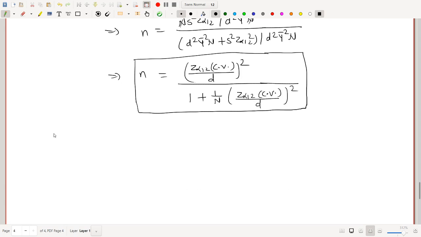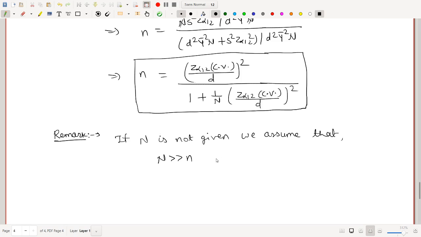Remark: if capital N is not given, capital N meaning the population size, which is usually unknown. So when capital N is not given or not known, we assume that capital N is very large compared to small n.